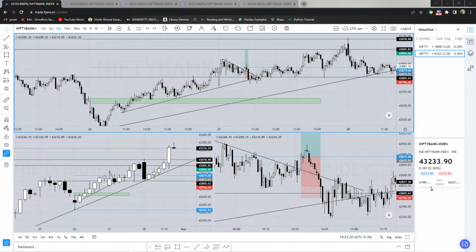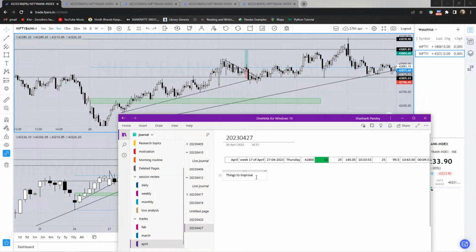And the first thing is we'll be noting down the market environment. So what was the setup? The setup was trend line breakout.